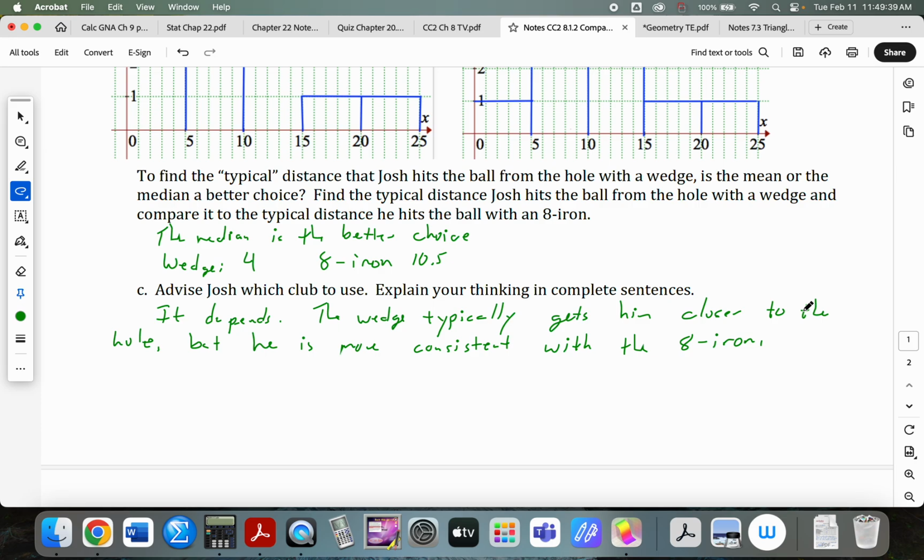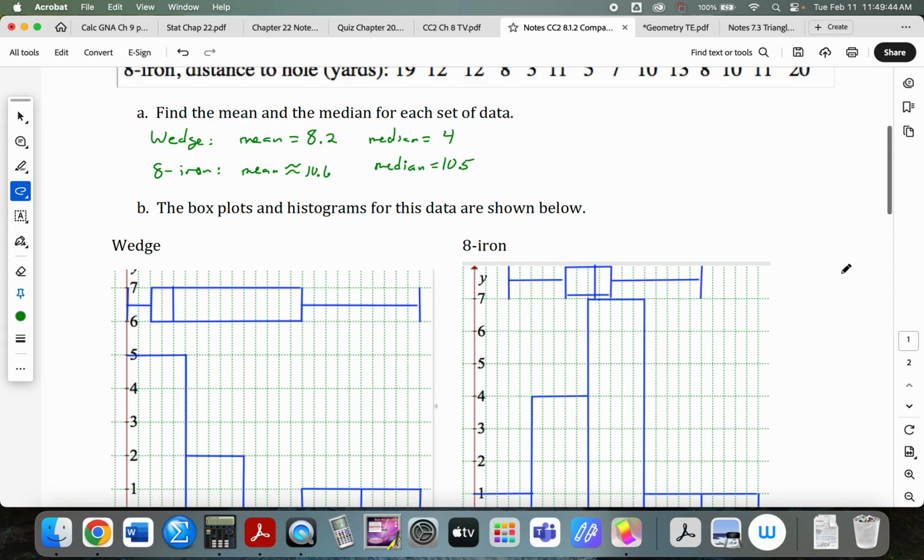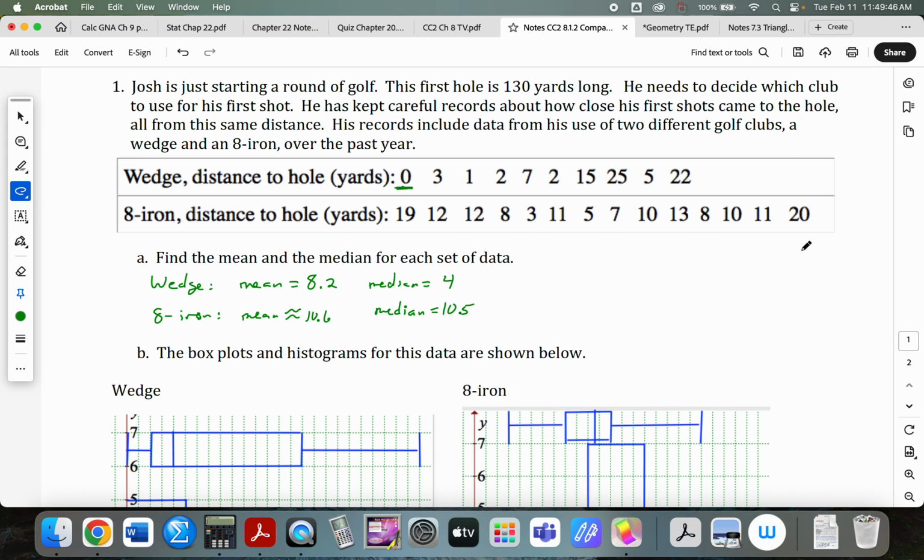And before we go on to the back, I'm going to look at one thing. What about this data gives you an idea as to why he might be more consistent with the 8-iron?